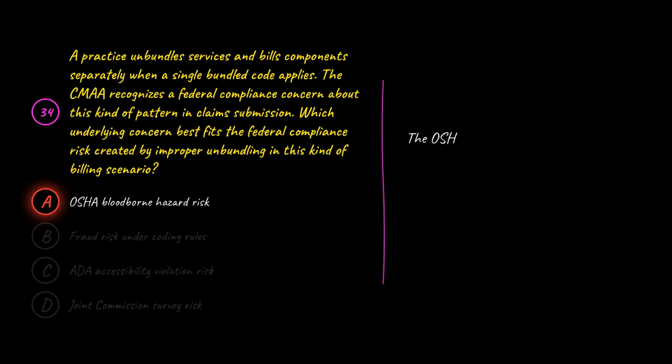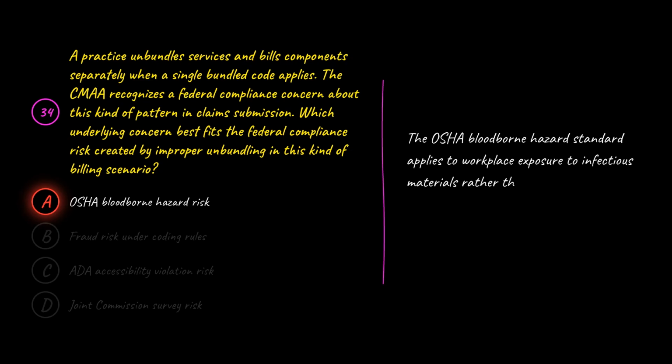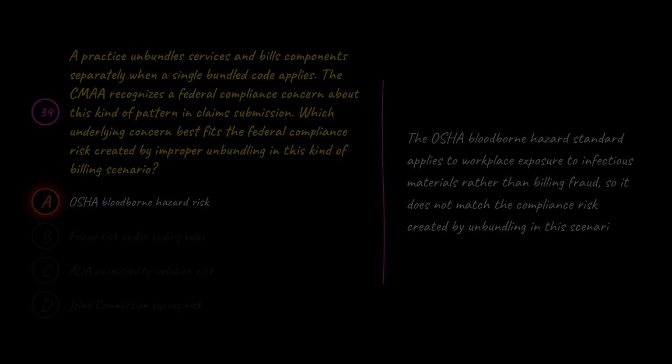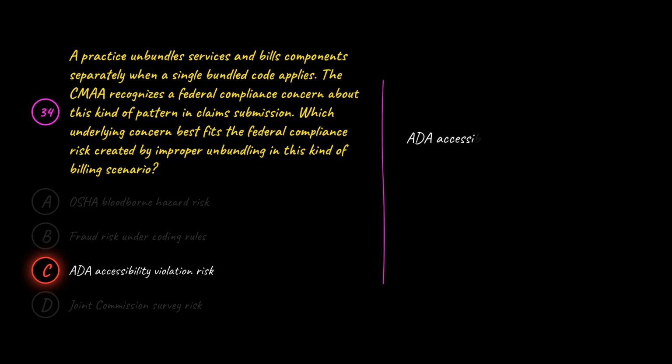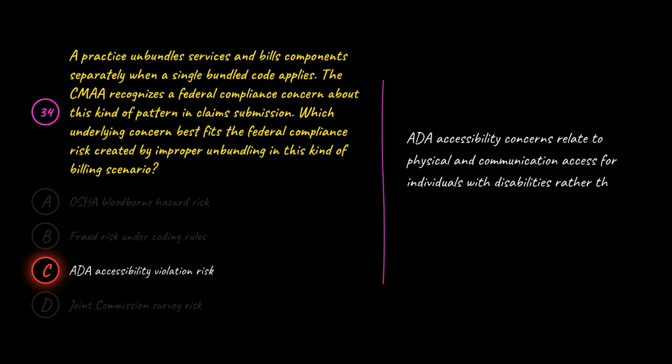A is wrong because the OSHA bloodborne hazard standard applies to workplace exposure to infectious materials rather than billing fraud, so it does not match the compliance risk created by unbundling in this scenario. C is wrong because ADA accessibility concerns relate to physical and communication access for individuals with disabilities rather than billing practices, so they do not match the compliance risk created by unbundling here.